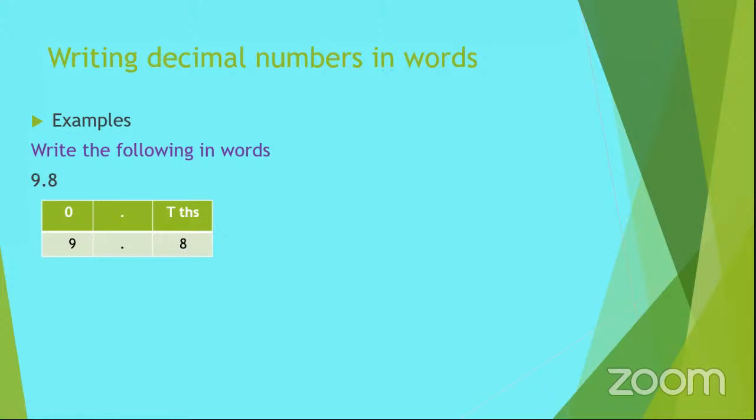If there are many other digits, you write them all together. So you write 8, and you write the place value of 8 there. Yes? And this is how best we can write it. So we write it as 9 and 8 tenths. This is how we can write a decimal number in words.